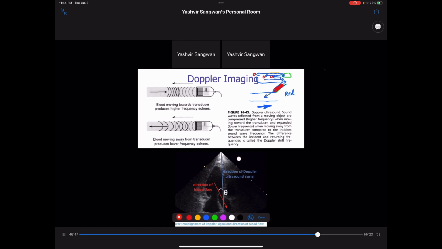Now, if I shift the ultrasound probe so that it now faces this way, then the blood is actually going away from the probe, and it will be blue. And if the ultrasound probe is exactly at 90 degrees, like I told you, the best view is at 90 degrees, it will be colorless. Why? Because the red blood cells are just there and they are passing through every now and then. But they are neither coming towards nor going away from the probe.